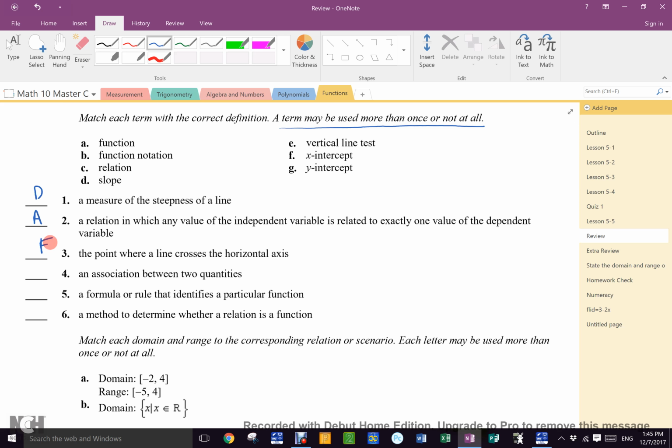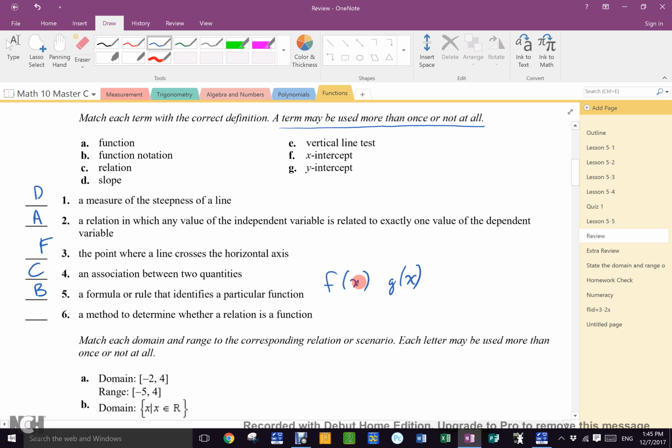Any association between 2 quantities. A relation, C. A formula or rule that defines a particular function. So one specific function. Function notation, B. It could be the f of x or it could be the g of x.